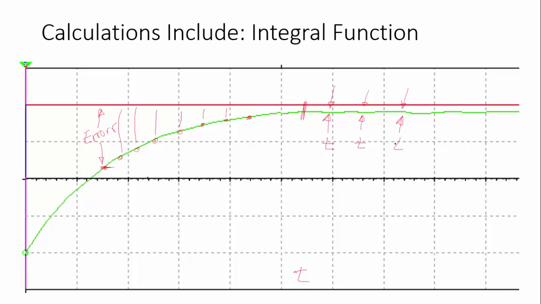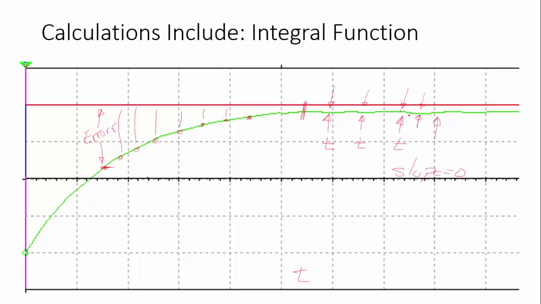And at this point in time, I still have some error in the system. So the idea of the integral term is, when I still have this little bit of error in the system, the derivative term isn't going to be doing anything because the slope of that line is equal to 0.